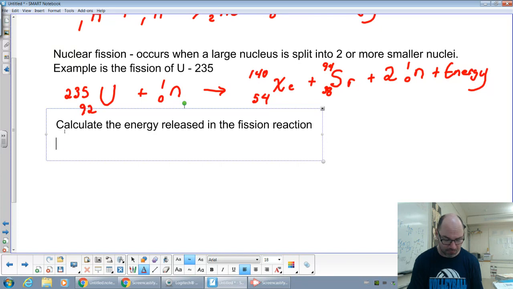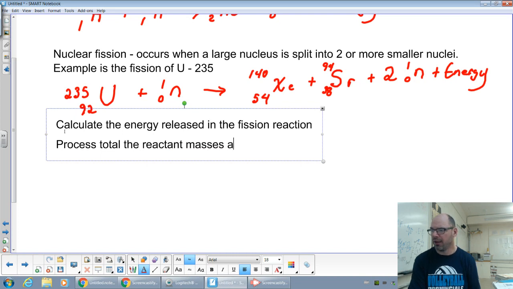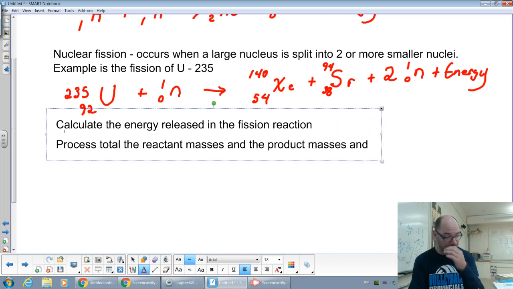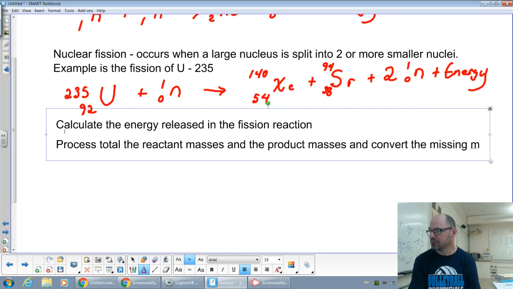Okay, and the process is simple. We simply total the reactant masses and the product masses and find the missing mass. Convert the missing mass to energy.